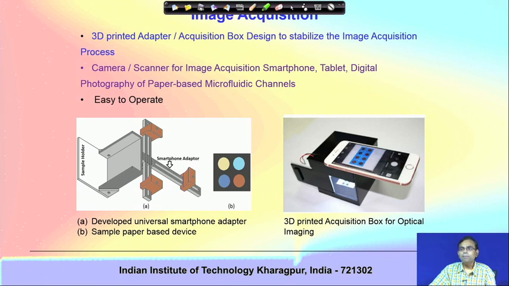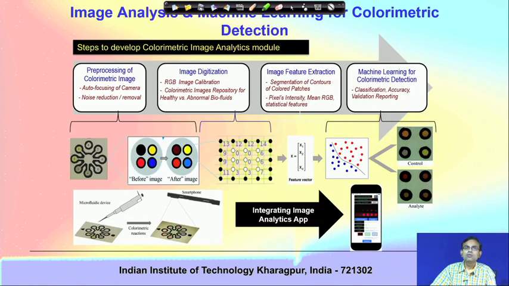So, the ambient correction factor has to be applied, but more importantly the camera has to be placed in an appropriate holder. So, currently we are trying to use the 3D printing technology to come up with a camera holder that can hold this kind of camera for grabbing the colorimetric signal most effectively.